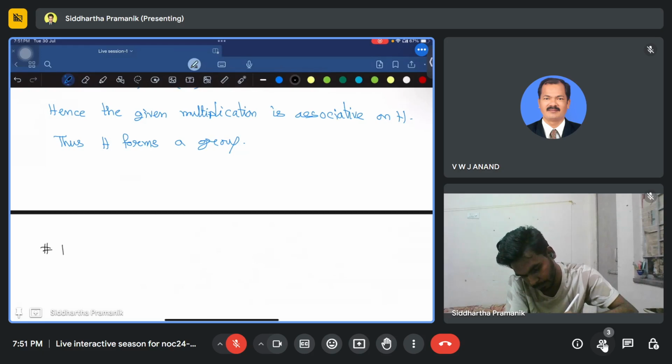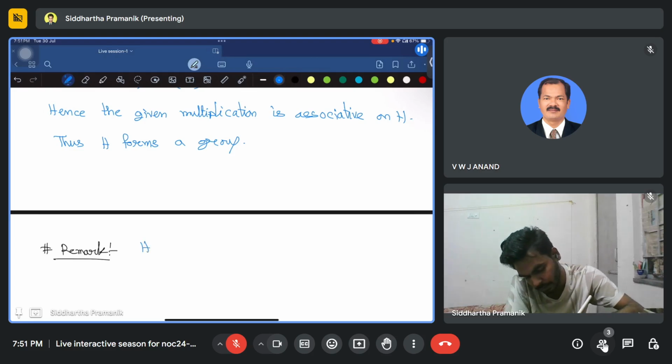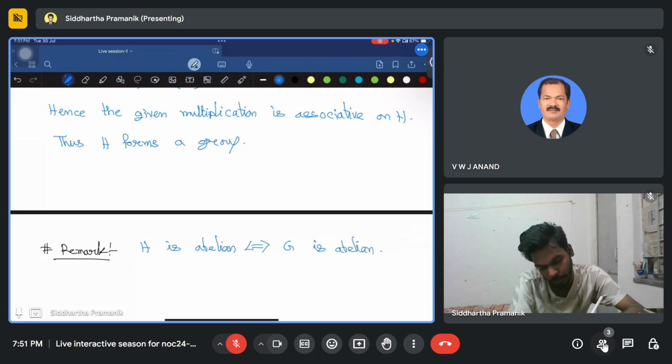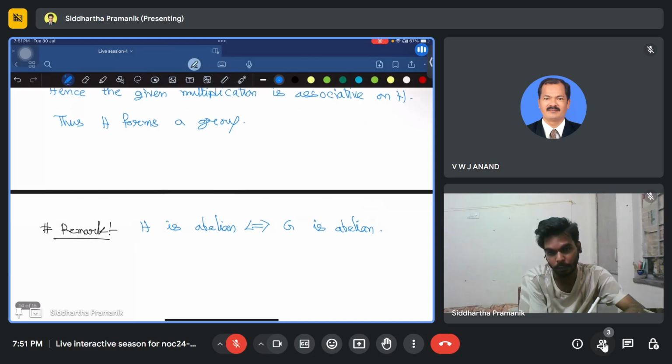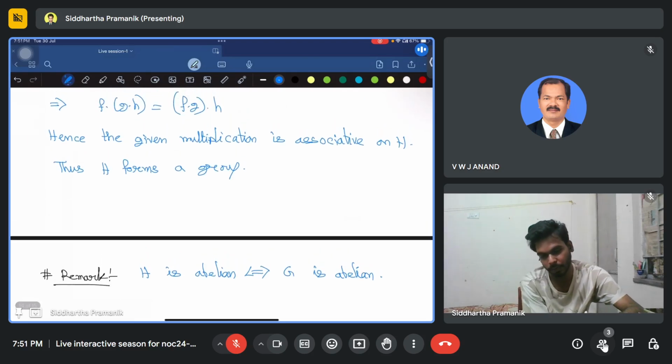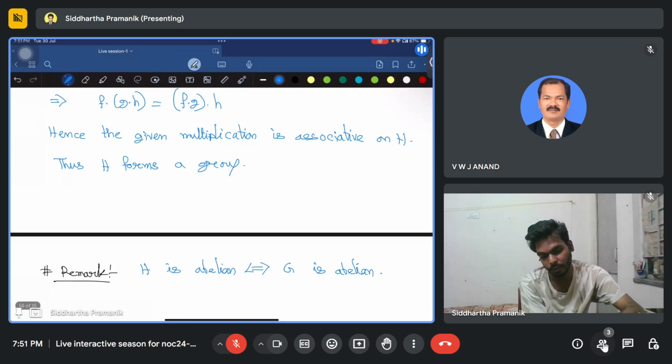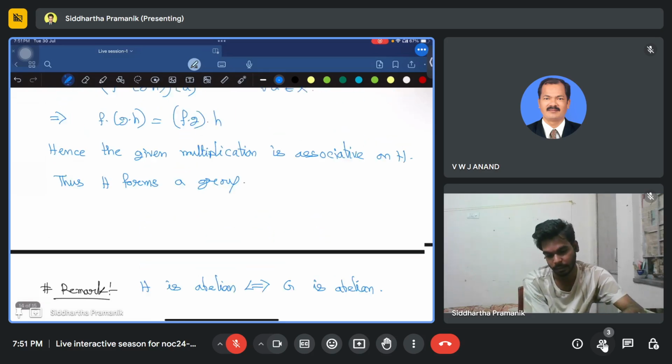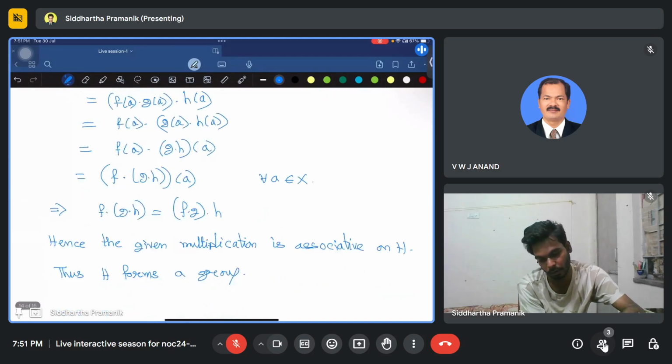So the remark is H is abelian if and only if G is abelian. Okay. So I hope you can do this on your own, or if you have any problem, you may put it in the discussion forum. I am active there, or you may ask in the next tutorial also.